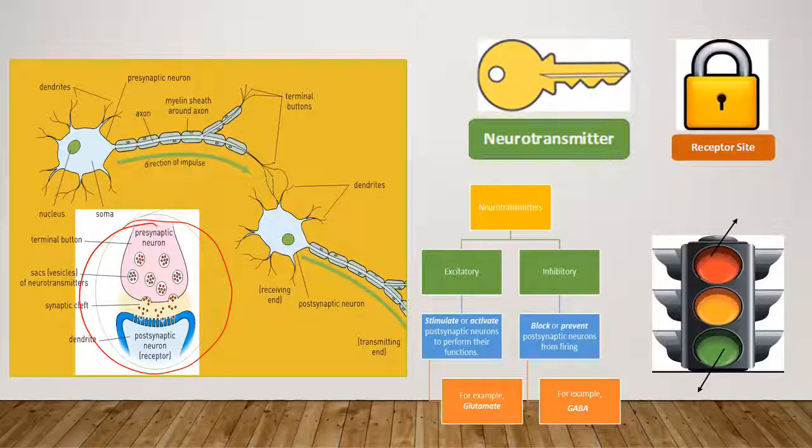So we know that the impulse that travels between neurons is a chemical message, okay? And so when we're talking about the synapse itself, remember we always have to talk about it in terms of three parts. We are talking about the terminal button of the presynaptic neuron. We talk about the synaptic gap or the synaptic cleft, you can say either, and we're talking about the dendritic spine on the postsynaptic neuron.